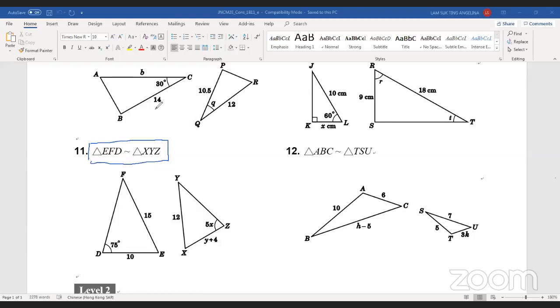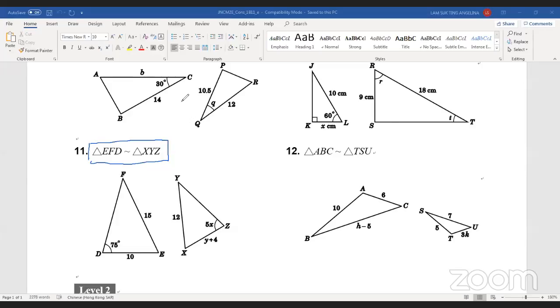If you still remember, if we have similar triangles, the angles are equal. There are three pairs of corresponding angles, and they are equal. But for the length, for the size, be very careful. They are not equal. They are called in proportion, or proportional.